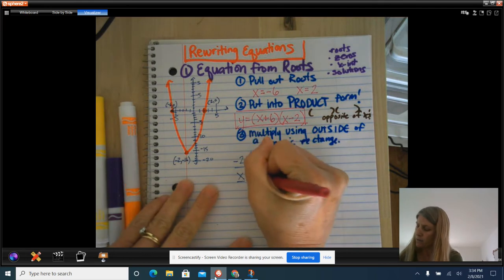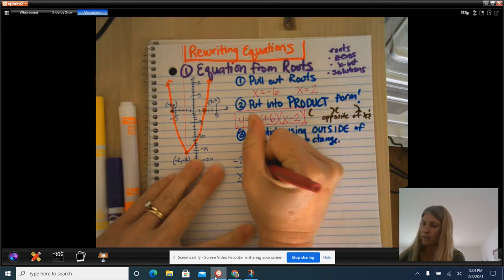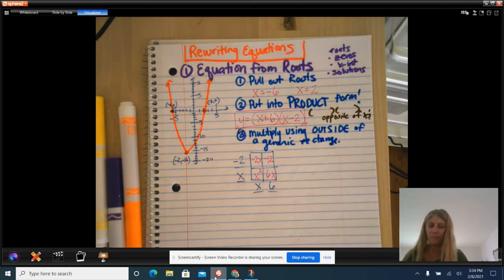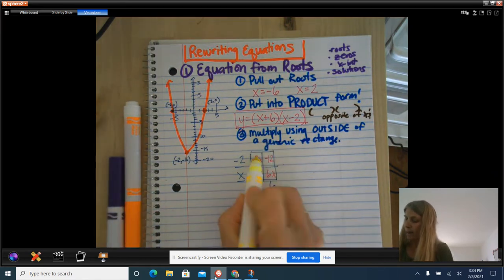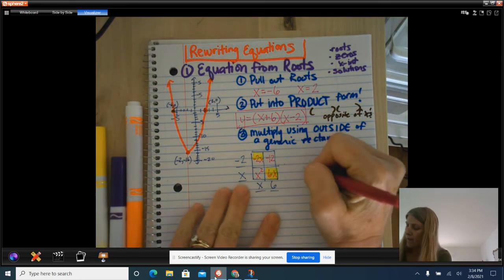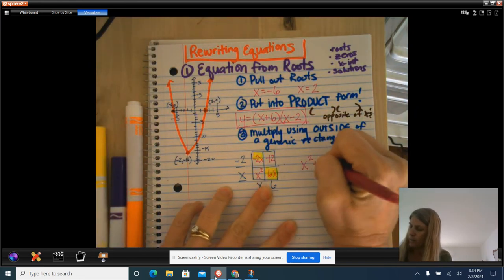X times x is x squared. X times 6 is 6x. X times negative 2 is negative 2x. And negative 2 times 6 is negative 12. Now we are simply going to write this combining like terms. So we have x squared. 6x minus 2x is positive 4x.